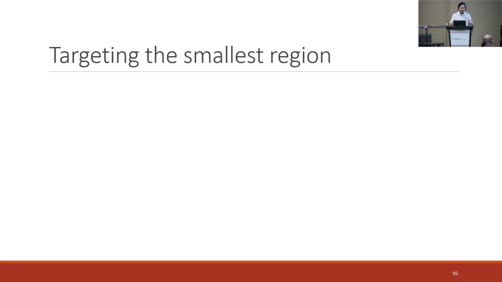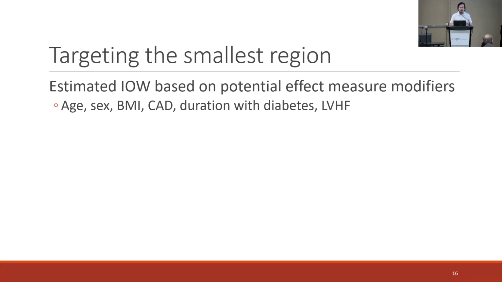But we also did an analysis that targeted the smallest region specifically to try to recover an estimate in that area. After we did all our IPTW stuff, we also estimated these inverse odds weights based on variables we thought might modify the treatment effects, things like age, sex, BMI, coronary artery disease, a few other things.